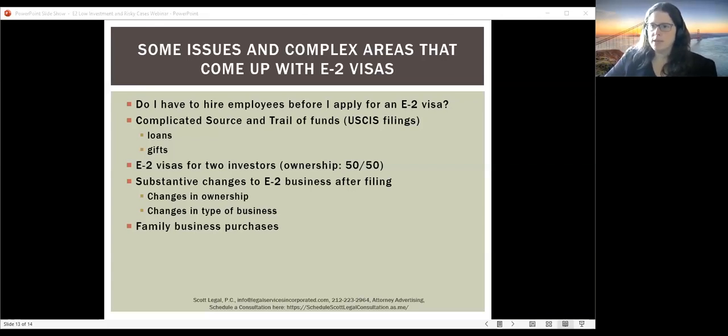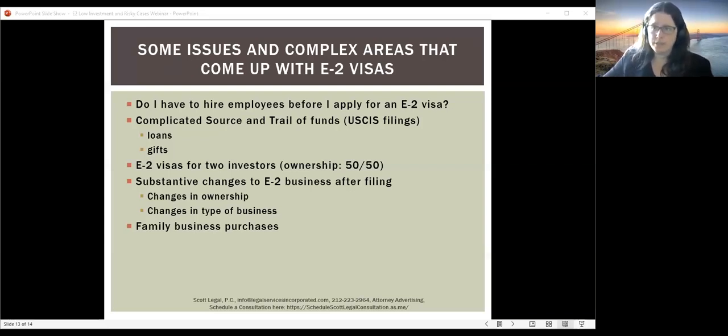So there is a process where you can notify USCIS of a substantial change and basically ask for an amended approval, or you can go back to the consulate and ask them to review the change. Each consulate kind of handles this differently. Many of them will send you back to USCIS if you're in the United States. But ultimately, if there is a substantial change to the type of business, you do need to get approval to do that before you embark on that new type of business.